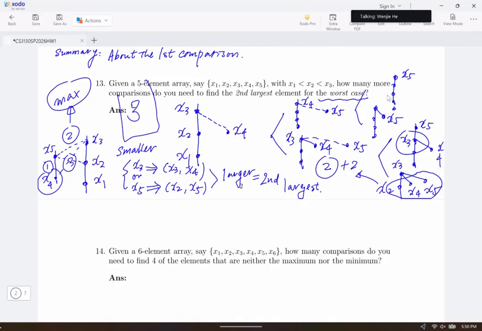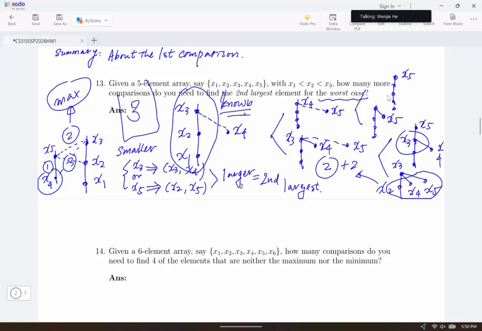Okay. All right. So the first comparison here, you can see our current situation. x1, x2, x3, these three elements all have known information, right?